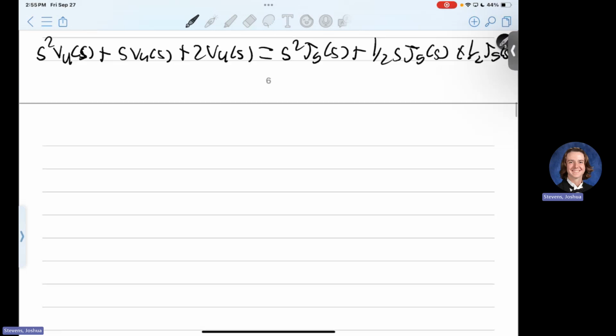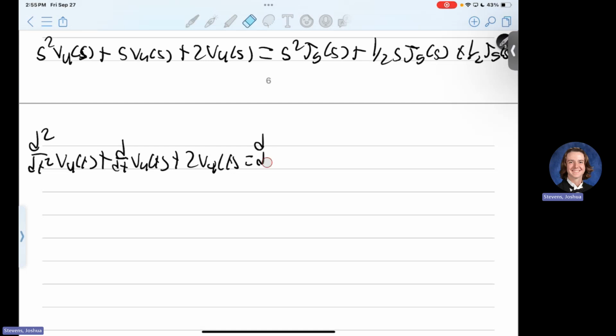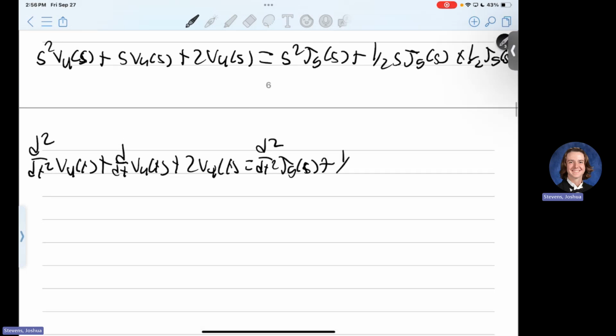Cool. All right, now, Laplace transform. d squared/dt squared V4 of t plus d/dt V4 of t plus 2 V4 of t equals d squared/dt squared JG of t plus 1/2 d/dt JG of t plus 1/2 JG of t.